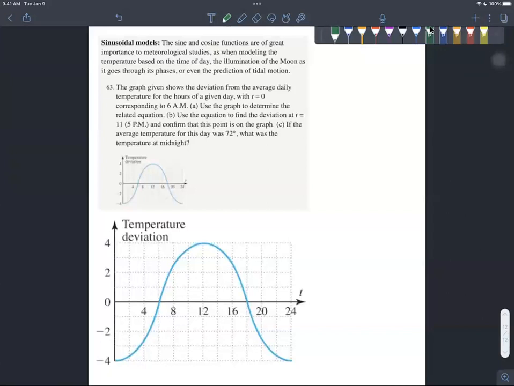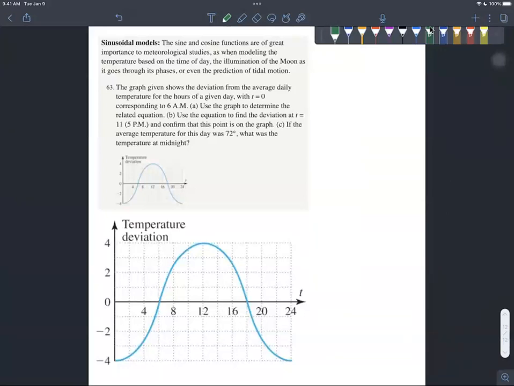3 different applications there. Number 63 says, the graph given shows the deviation from the average daily temperature for the hours of a given day, with t equals 0 corresponding to 6 a.m. A, use the graph to determine the related equation. Okay, we've already done some of that.